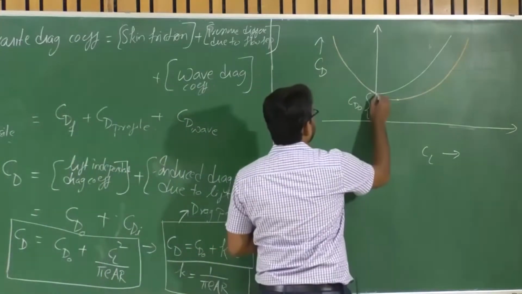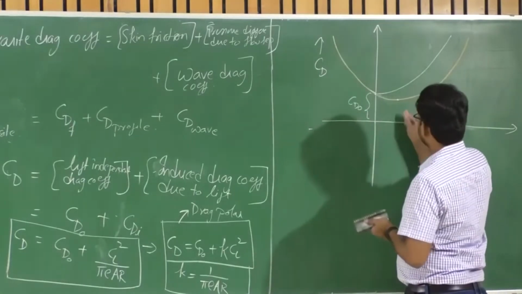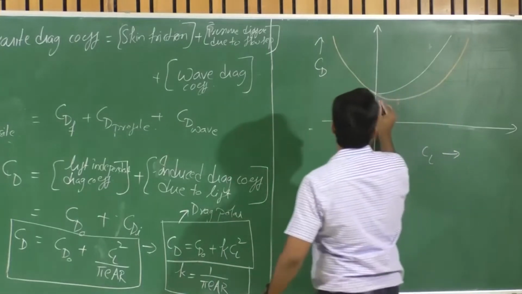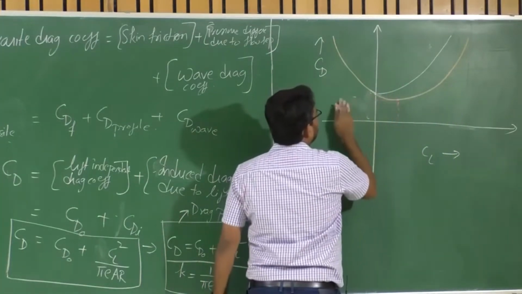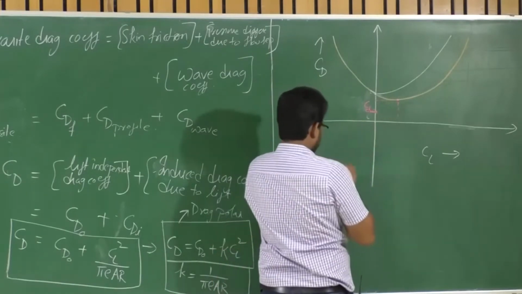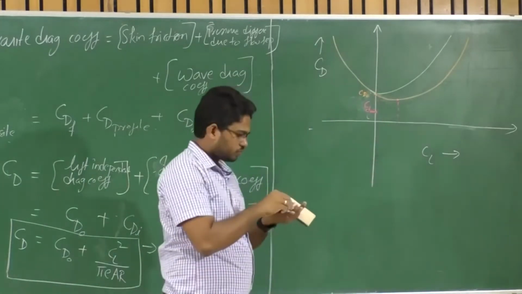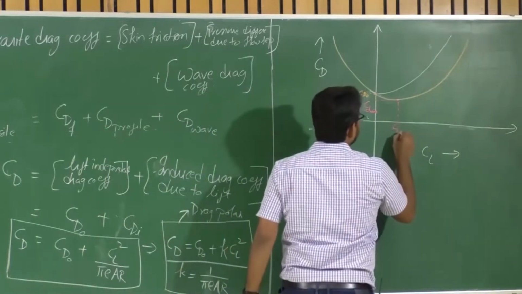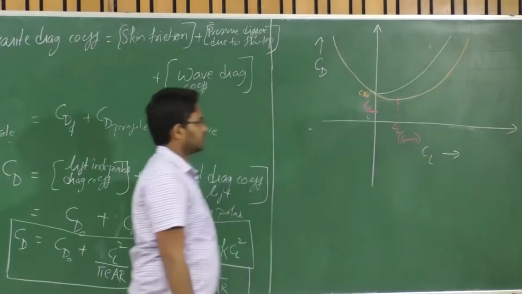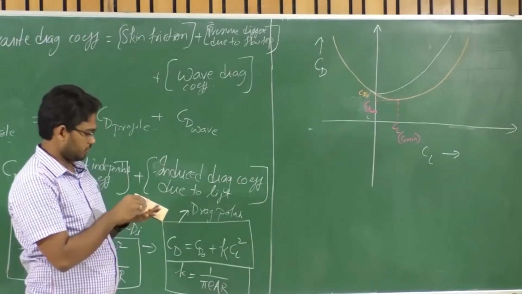So let us assume there is a case where there is a minimum point compared to that of CD naught. Let us say this is that particular minimum point, which corresponds to CD minimum, right? And the top point corresponds to CD naught, right? And the corresponding CL for CD minimum is CL for CD minimum, right? Okay. So if we have that, then how should I model it?